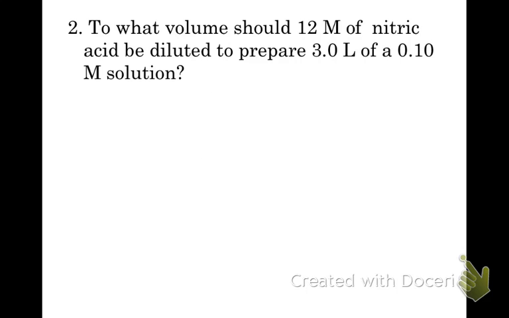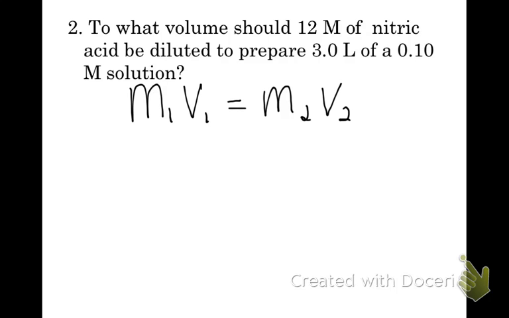Let's do another example. To what volume should 12 molar of nitric acid be diluted to prepare 3.0 liters of a 0.10 molar solution? We'll go back to the formula. M1V1 is equal to M2V2. So my concentrated one, the one that has the highest molarity, is the 12 molar. So it's 12 molar.